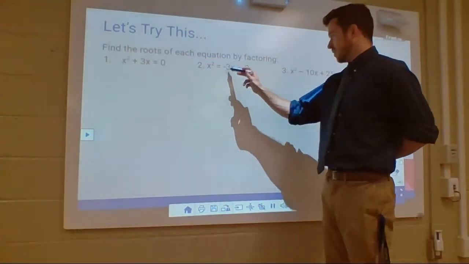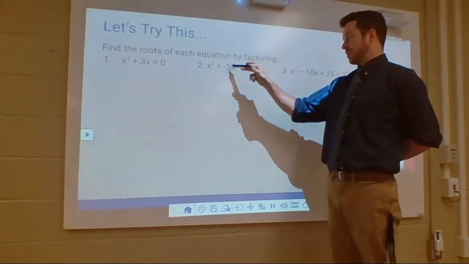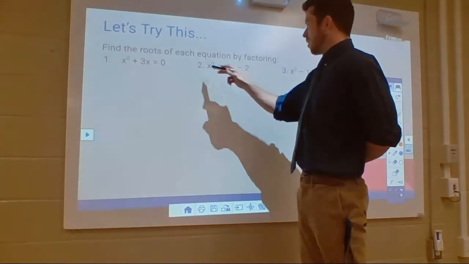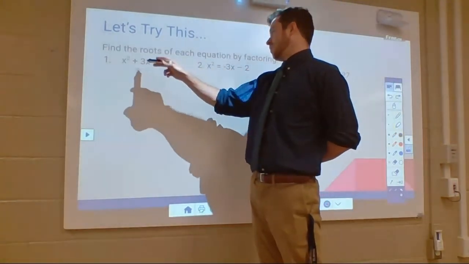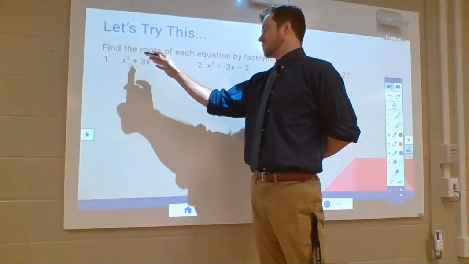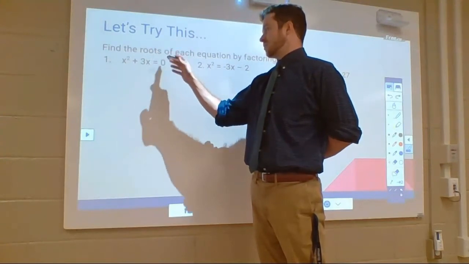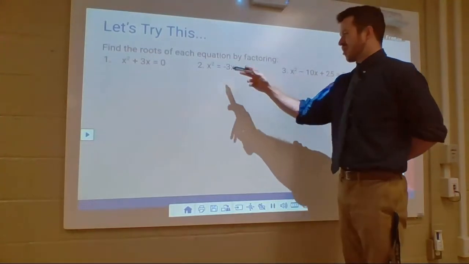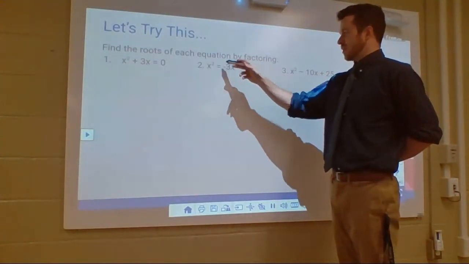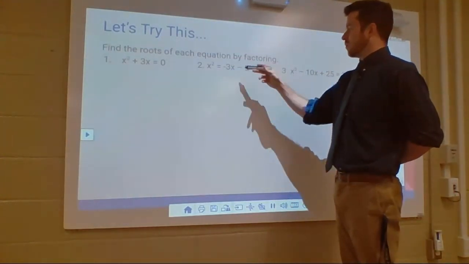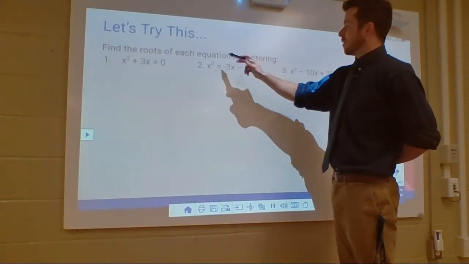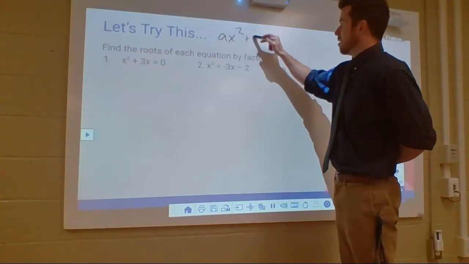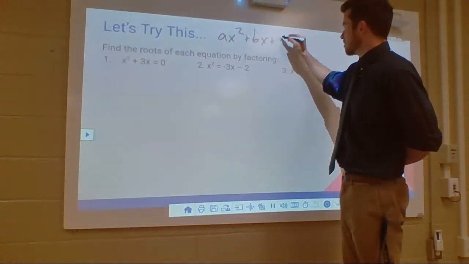X squared equals negative 3x minus 2. So in the first problem, every term was on the left side and just 0 was on the right side. Okay, so it's hard to know what to do in this equation. We really want the equation to be in the form ax squared plus bx plus c.